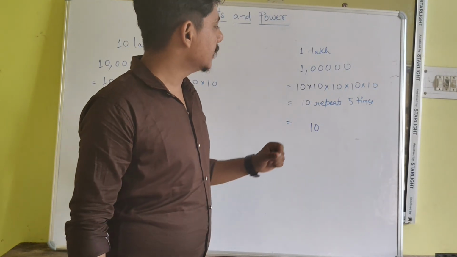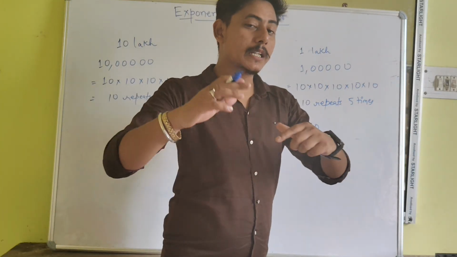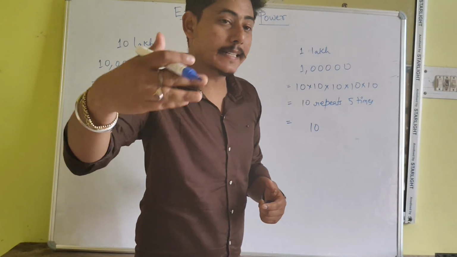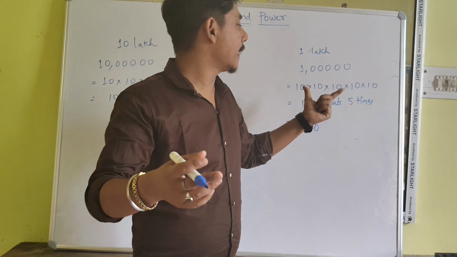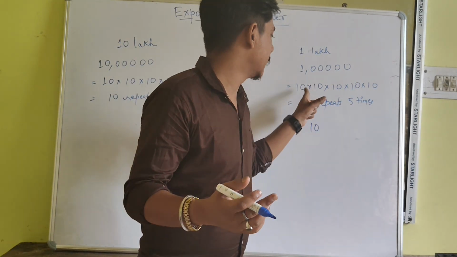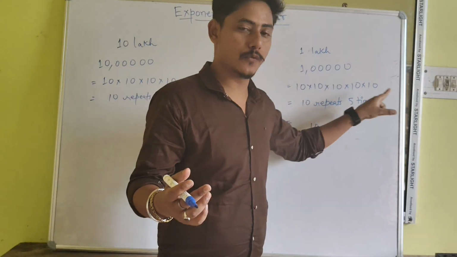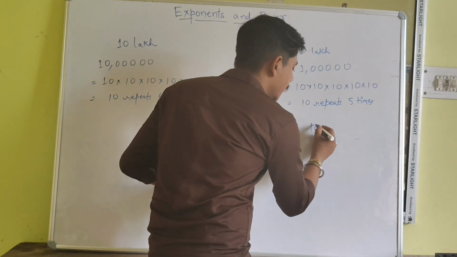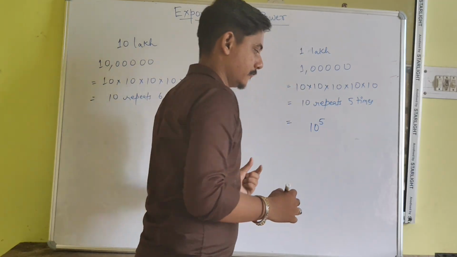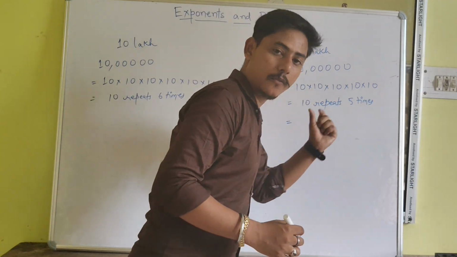And the repeated number is multiplied by itself how many times? 10 is multiplied by itself 5 times, that is 1, 2, 3, 4, 5. So we write it in the form of 10 to the power 5.